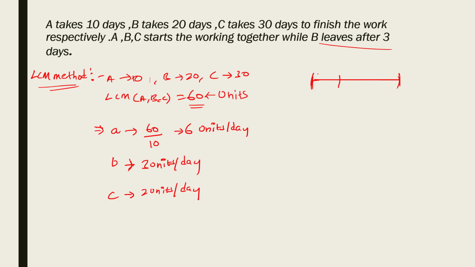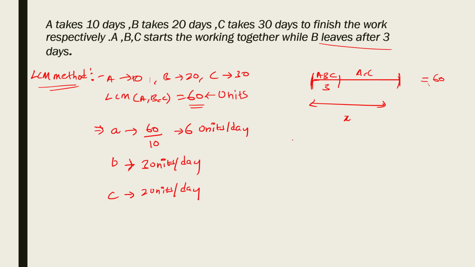So ABC are starting here, but after 3 days B is leaving, and if I suppose the total amount of work is X, here only A and C are working. So looking at the figure, let us frame the equation. The total units of work is 60 here, unlike 1 in the previous unit method, because we were considering total work as 1 unit there, but here we are considering the LCM of the three given days as the total units of work.